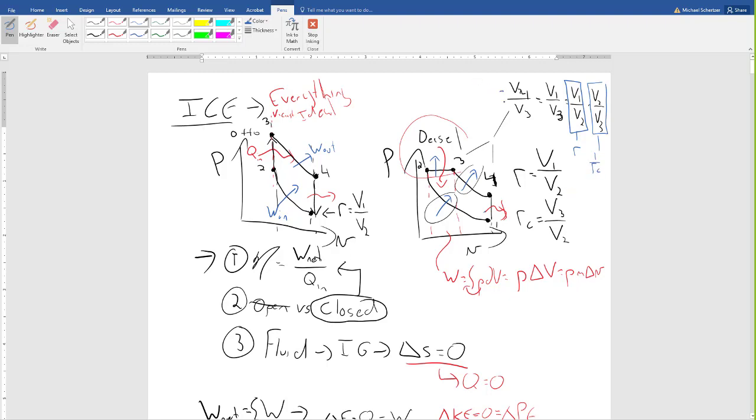So V4 over V3 is R over RC. But don't just memorize this ratio, because when you're doing this, you might end up writing down V3 over V4 too, which is going to be RC over R.